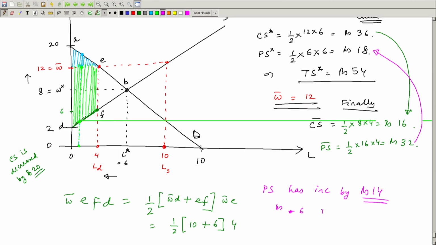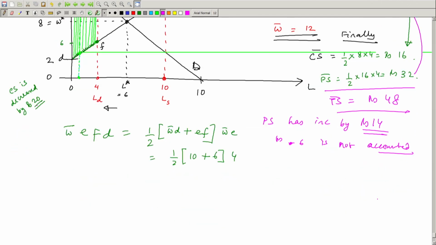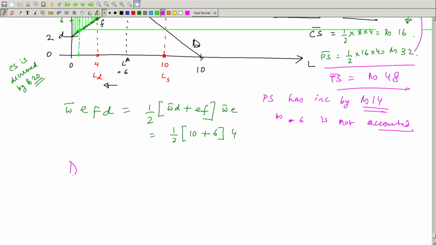So, rupees 6 is not accounted for. So, the total surplus now is the consumer surplus plus the producer surplus, which is rupees 48. Previously it was 54. So, the deadweight loss is rupees 54 minus 48, which is rupees 6.